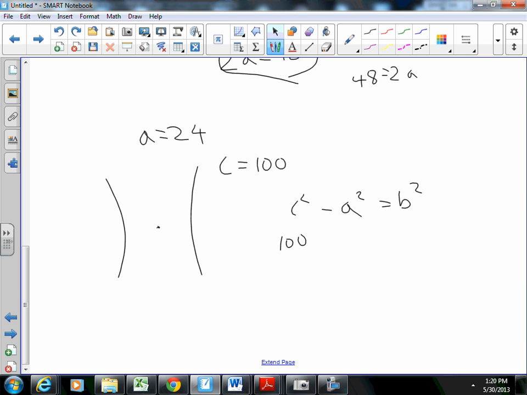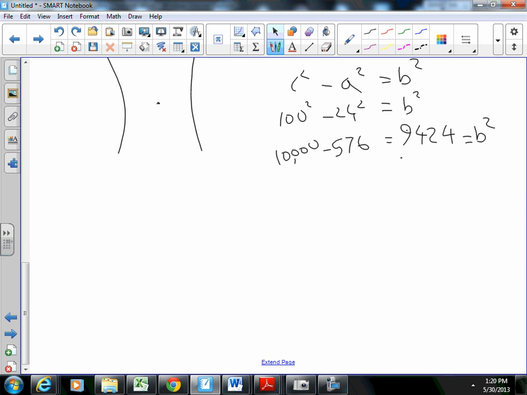So 100 squared minus 24 squared is going to give us b squared. If we add this up, 24 squared is 576, subtract that from 10,000, and we're going to get 9,424 equals b squared. All right.